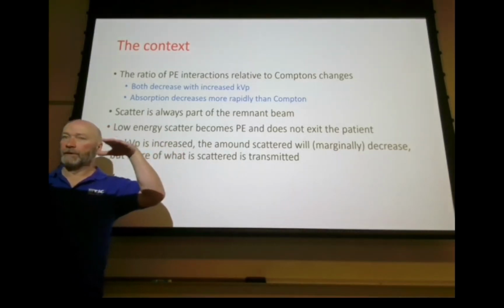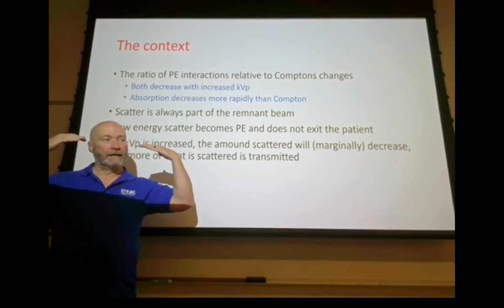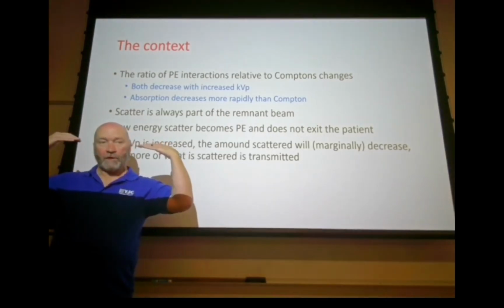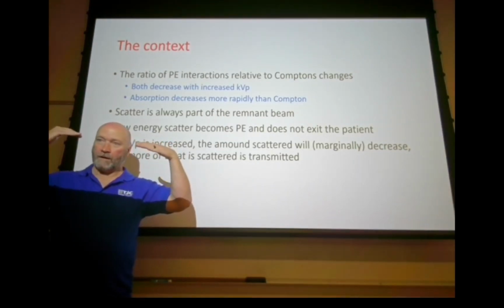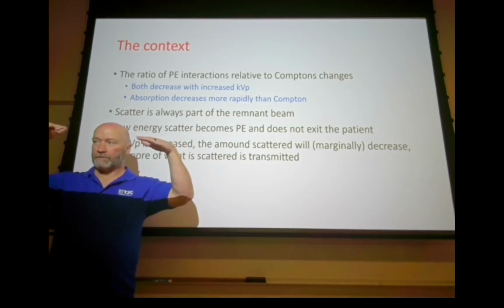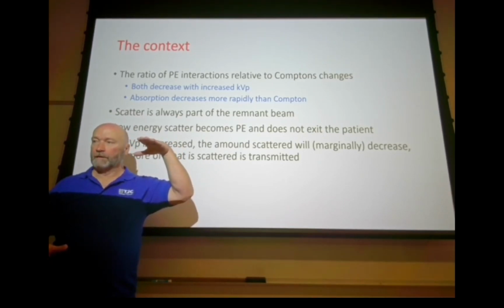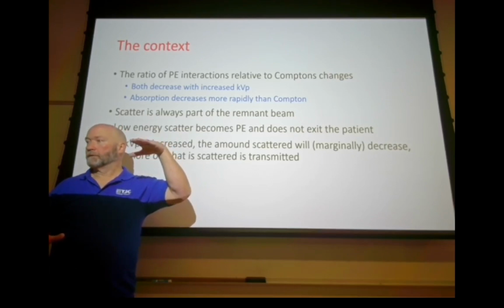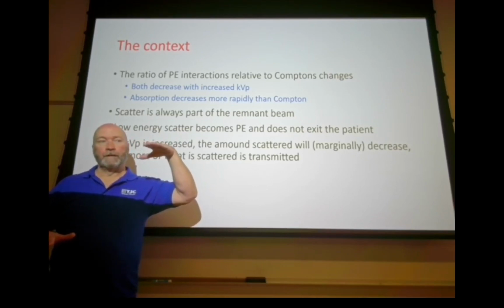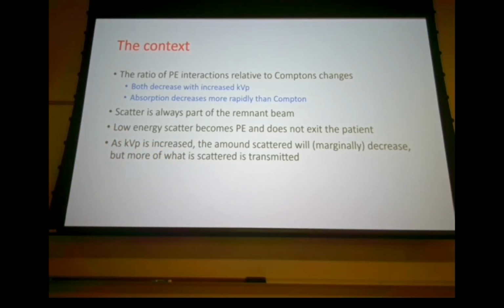So if we had an X-ray beam that was 50% Compton, 50% photoelectric, as we increase our kVp, the Comptons remain the same, but the photoelectrics go down, and we get penetration.